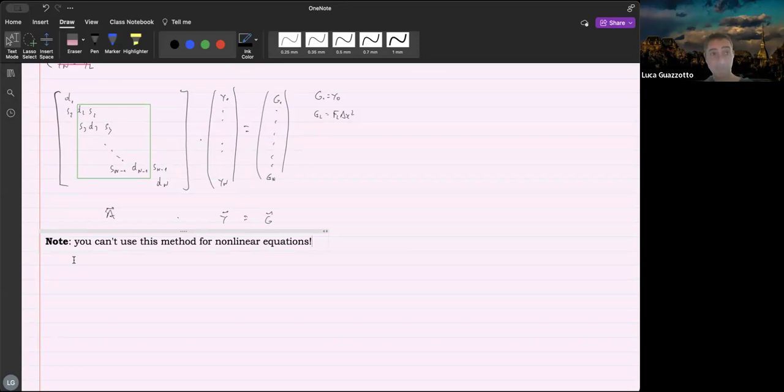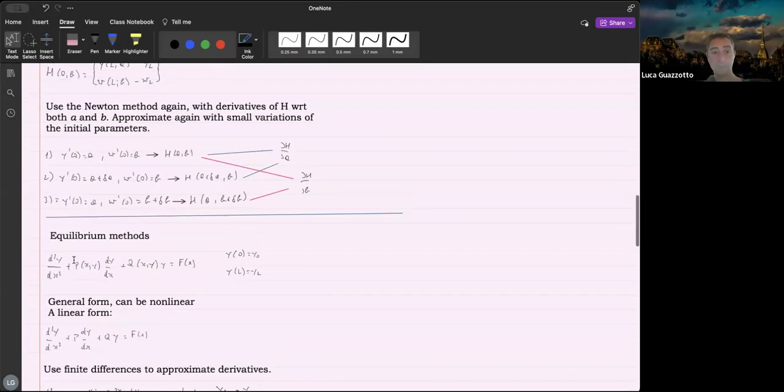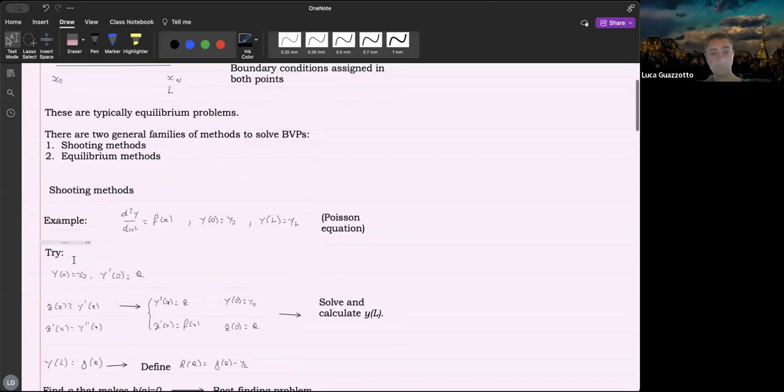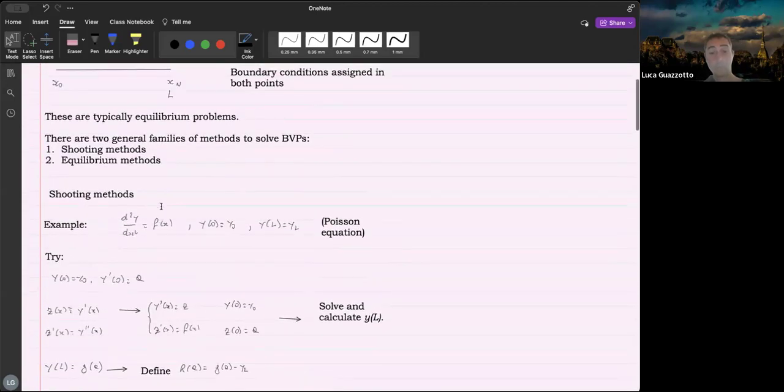On the other hand, the shooting method makes no assumption of what I dare call lowercase f looks like. Here I said it's just going to be some f of x, but this could be f of x and y and could be highly nonlinear. It doesn't matter.